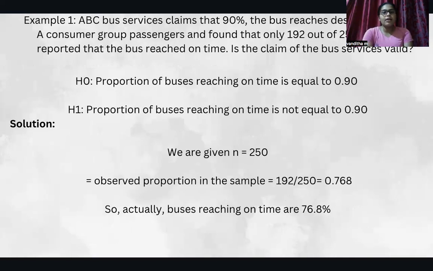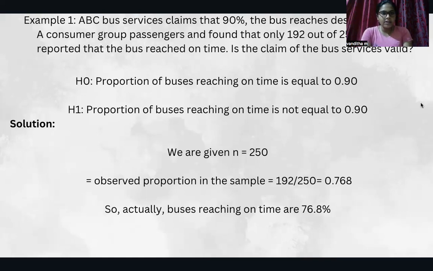Next, let's take an example for this test of significance. First example: ABC Bus Services claims that 90% of buses reach the destination on time. A consumer group surveyed passengers and found that only 192 out of 250 passengers reported that the bus was on time. Is the claim for the bus service valid?